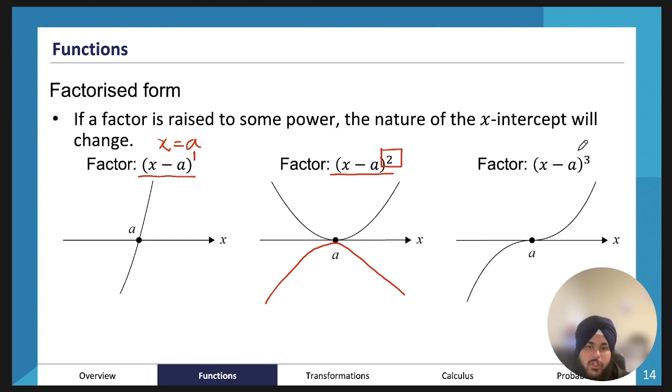And then if you have a cubic, the graph essentially forms a point of inflection, or a stationary point of inflection to be more specific, at that particular point.